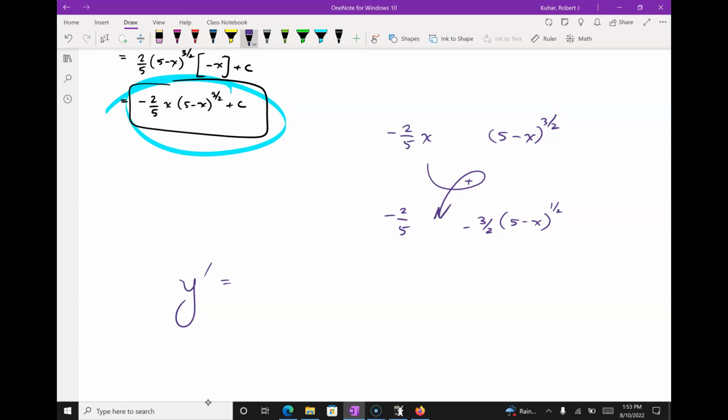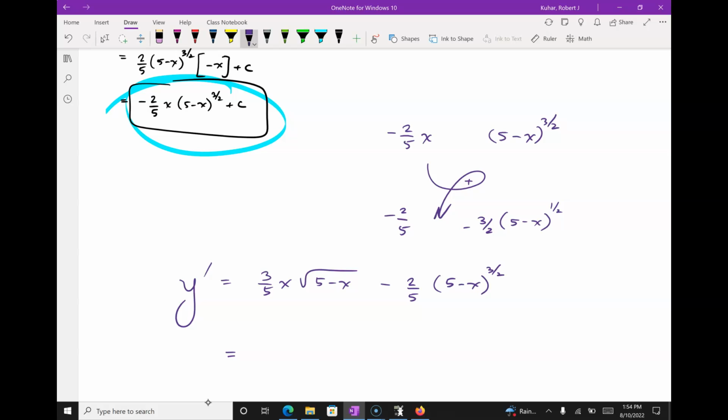So it looks like I get, what? 3/5, right? 3/5 x times the square root of 5 minus x minus 2/5 times the 5 minus x to the 3/2, right?